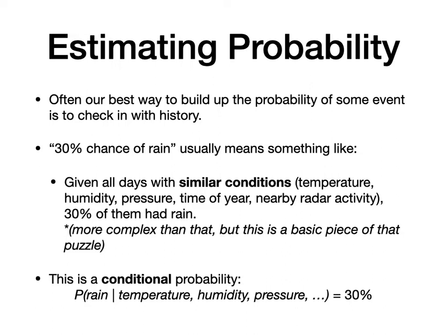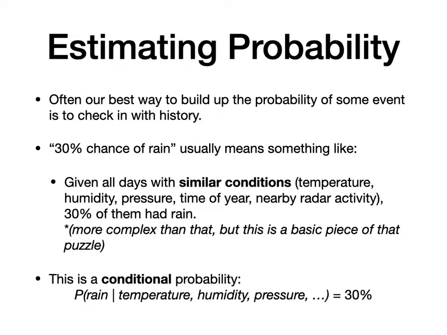So, for example, you may not know this, but a lot of times in weather predictions, when they say 30% chance of rain, that usually means something like, given all the days with similar conditions, so given the temperature, given the humidity, given the pressure, time of year, nearby radioactivity, all these kinds of things that they could work into this probability prediction, 30% of all of the ones that we have a historical record for had rain. That's what 30% chance means.